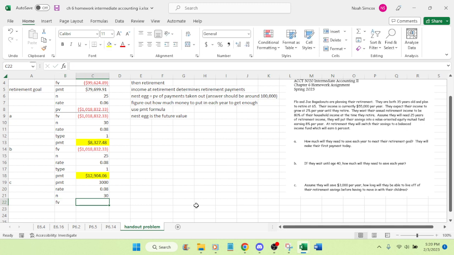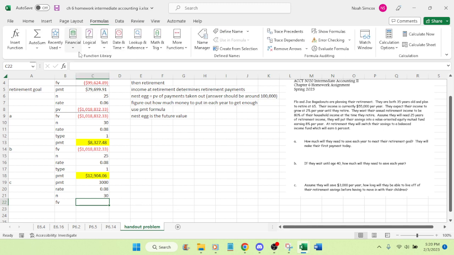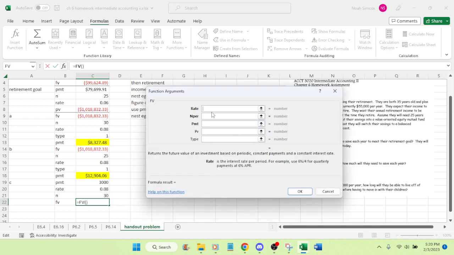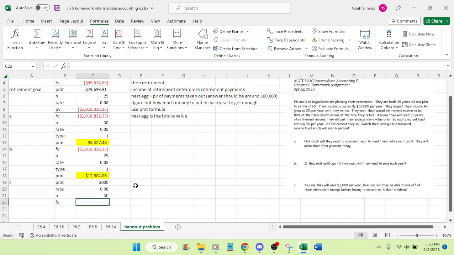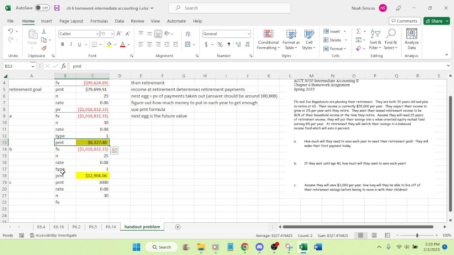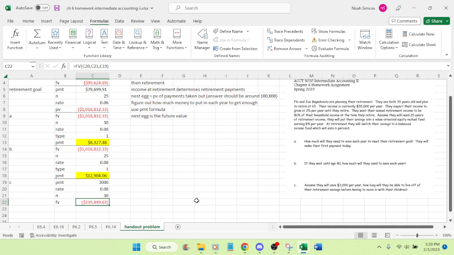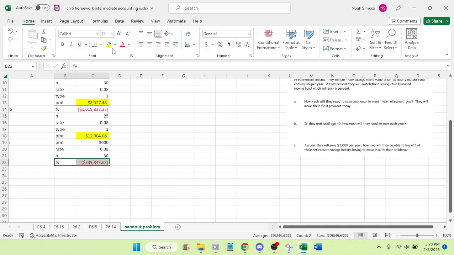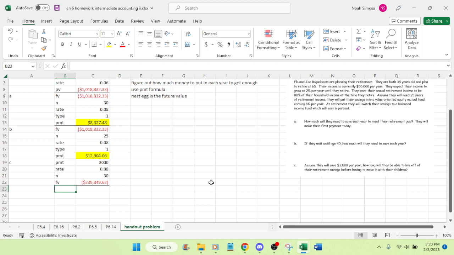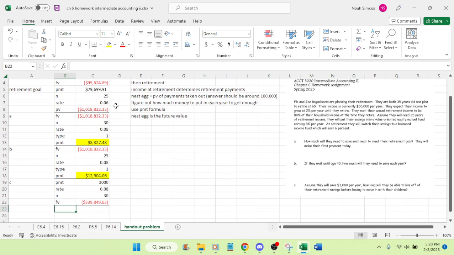So this means that they will have a certain amount of money. So their future value is payment, rate, number. Now they want the payment to be this number.